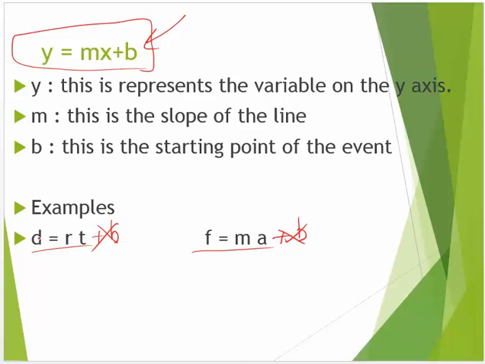Well, what's in the spot of the y? Well, that'd be the distance. So distance is in the y, so we would say y is d. R, the rate, is the slope, or you could say velocity is the slope, and that's what we had just said on the previous slide.